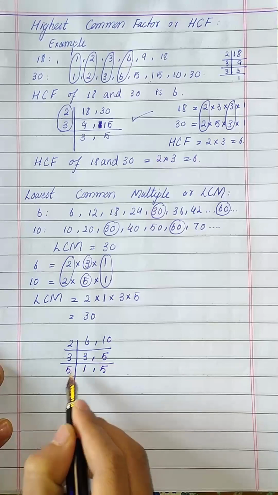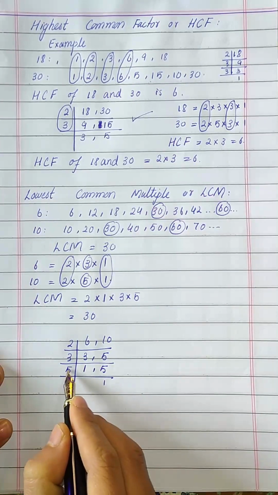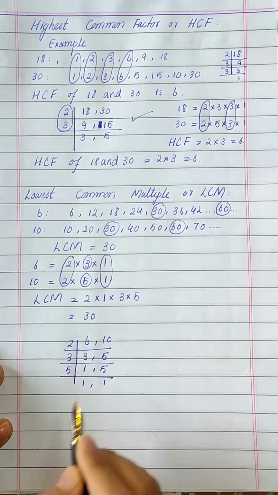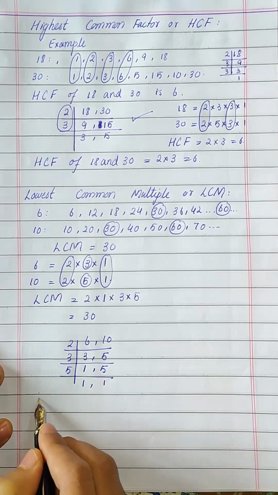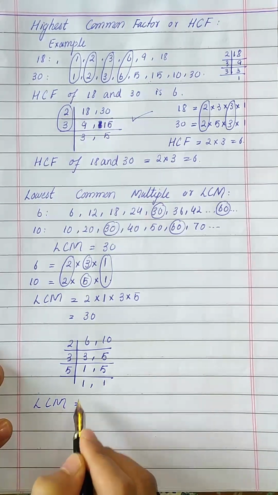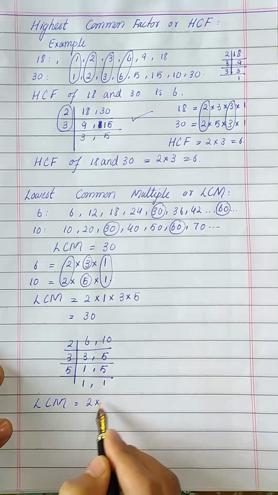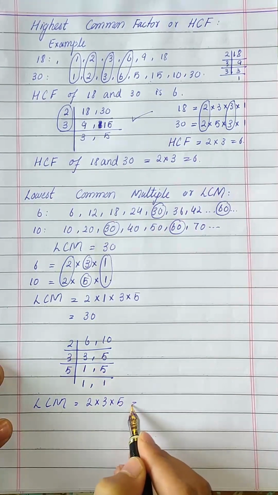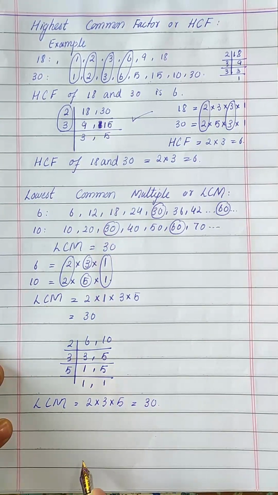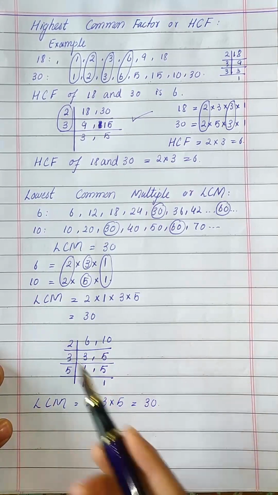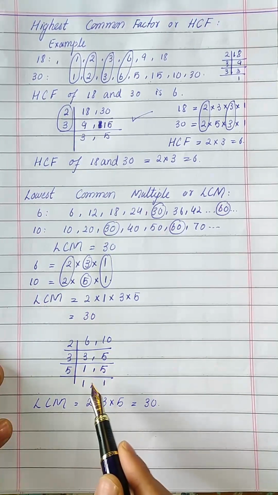And then 5 times 1 is 5, and 5 cannot divide 1, so 1 will remain the same. And then the LCM will be the product of these values, so 2 times 3 times 5, which equals 30. So we can find the LCM of 6 and 10 like this as well.